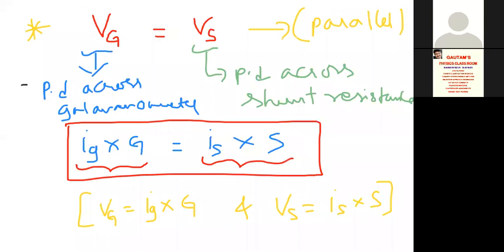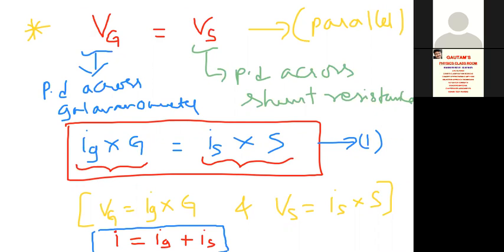If I call this equation number 1, I can take equation number 2 as I is equal to Ig plus Is. So the total current I, that is the ammeter current which is flowing through the ammeter, is divided between galvanometer and shunt. And so this is equation number 2.